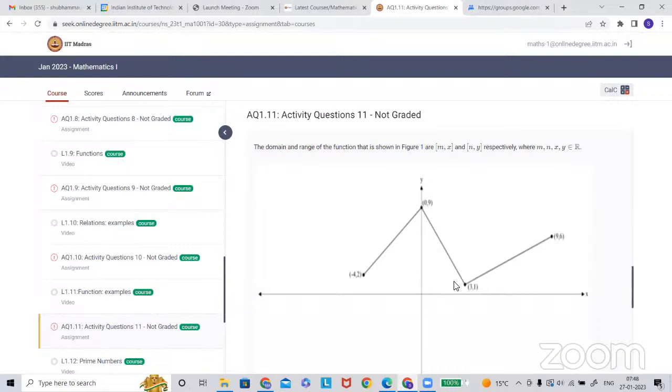The output line is there. How much output are you getting on this line? This tells you the corresponding outputs, and now you can tell this interval. Does this mean that in place of m I substitute -4, and for x I substitute 9? Yeah. Okay.